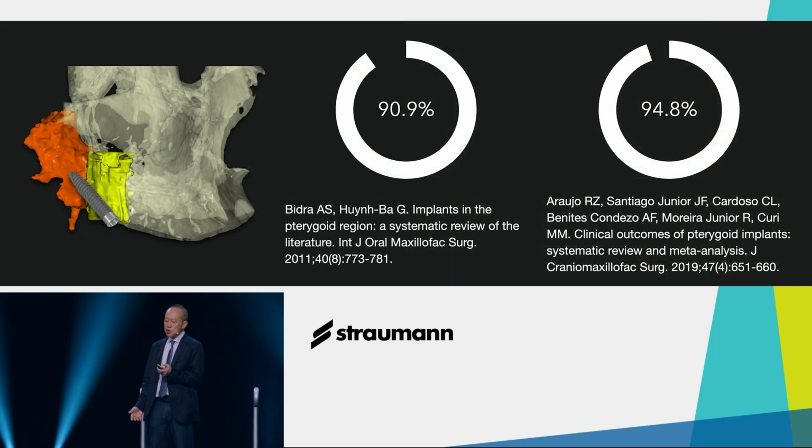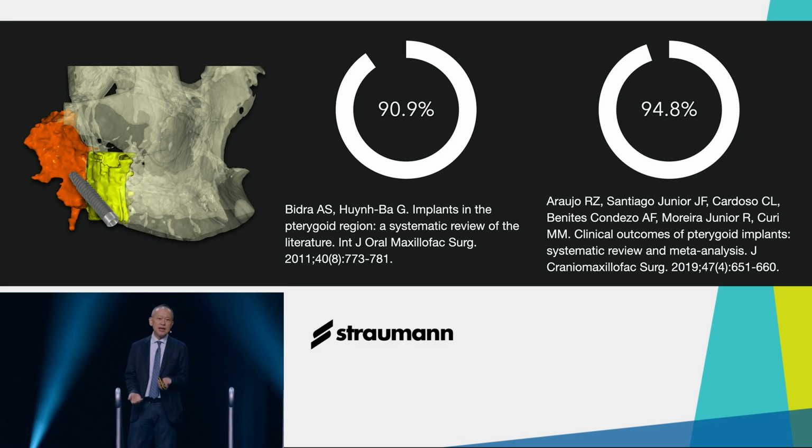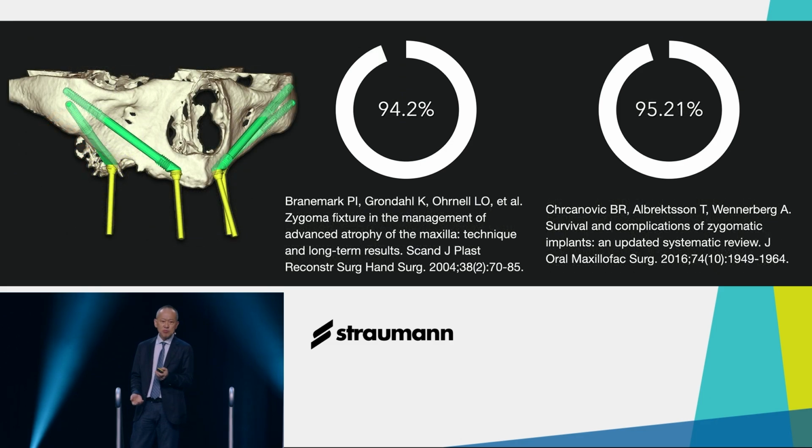And for pterygoid implants, again, different studies told us they are good in terms of implant survival. And for zygomatic implants, the study published in 2004 by Brånemark already showed us very favorable results when he was using the zygomatic implants in extremely resorbed maxillary cases.